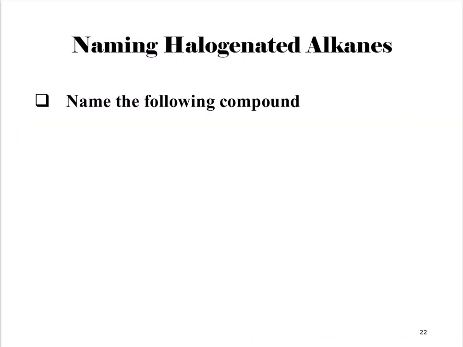Okay, so let's name the following 2 compounds. So we have a chlorine there, and then let's say here we have 6, and then we have 2 fluorines on this molecule. To number this, it would be 1, 2, 3, 4.